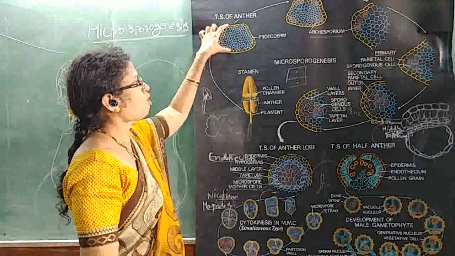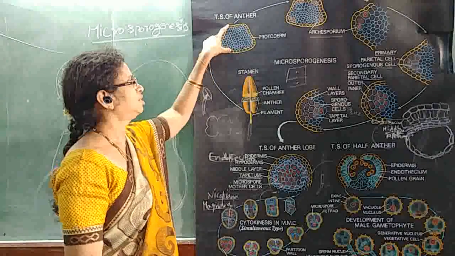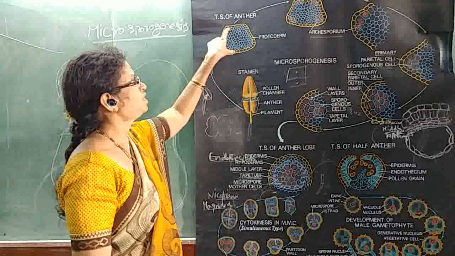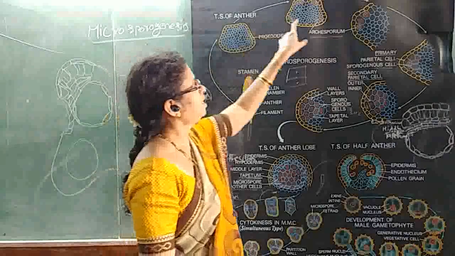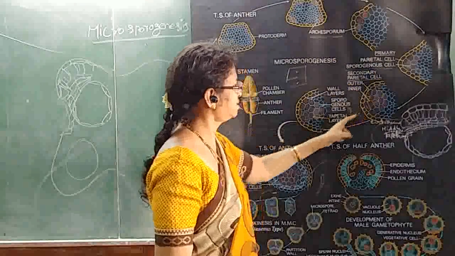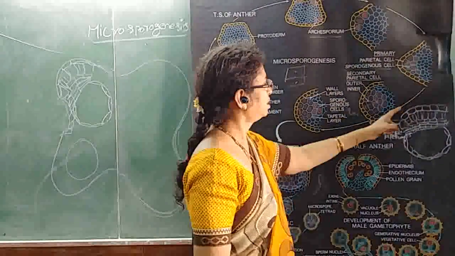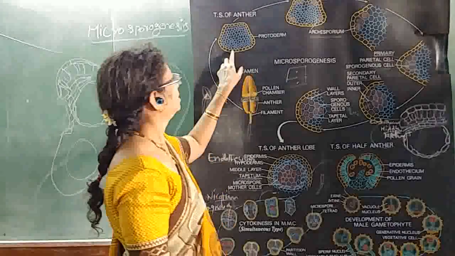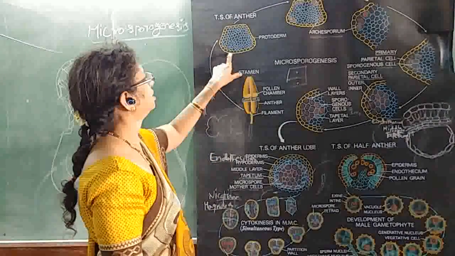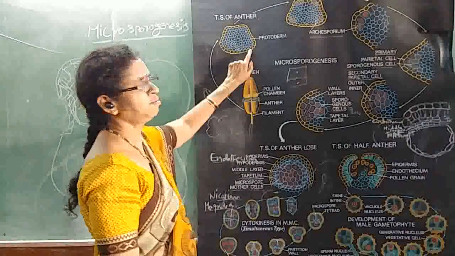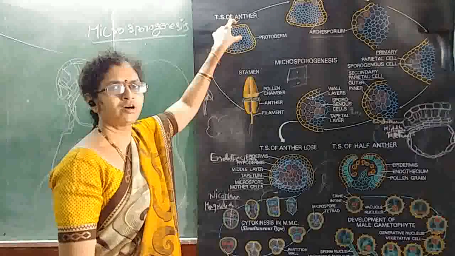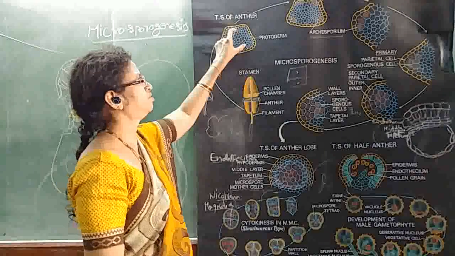It consists of a mound of tissue. Initially, it is oval shape. Gradually, it is differentiated like this. The tetralocular shape is arranged. In the starting structure, it consists of outer epidermis and a mass of undifferentiated tissue.